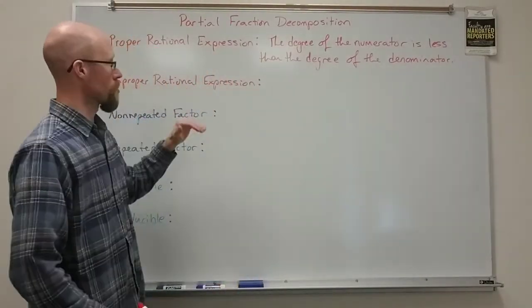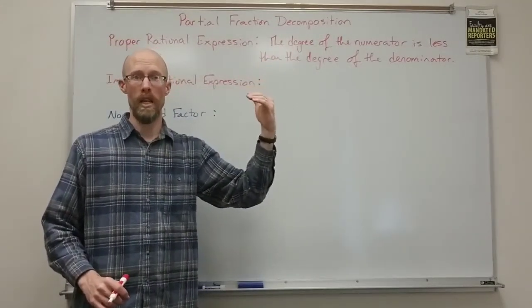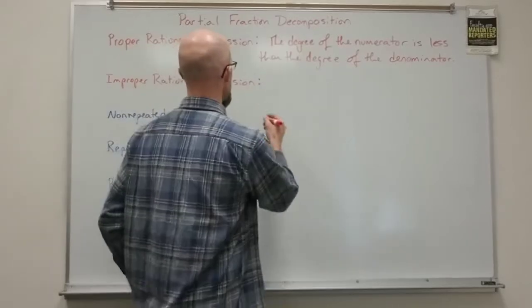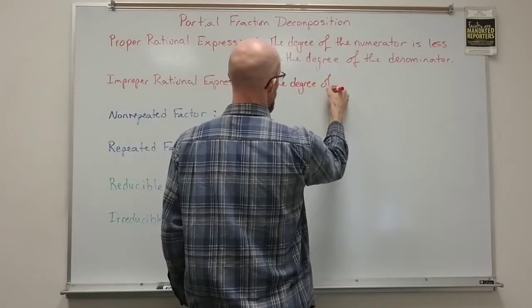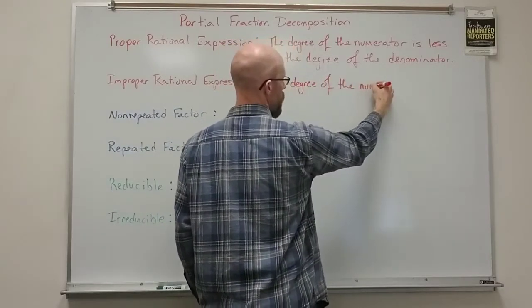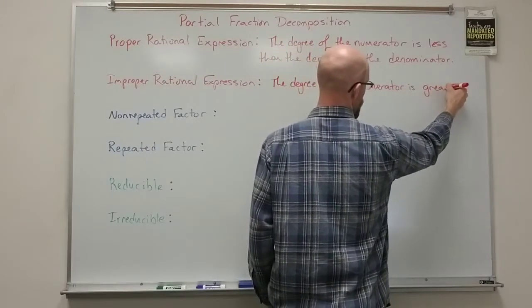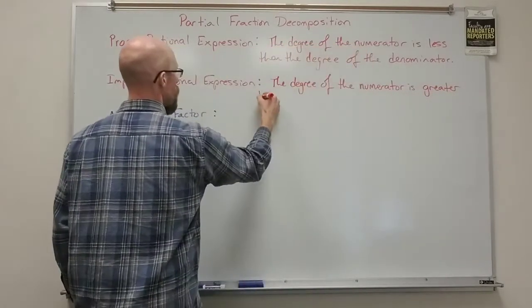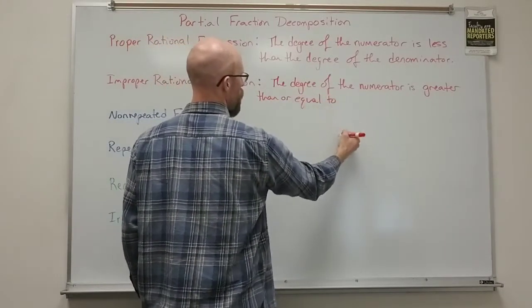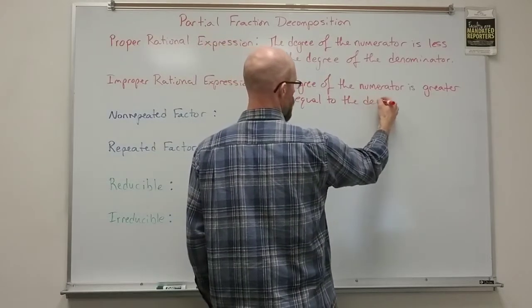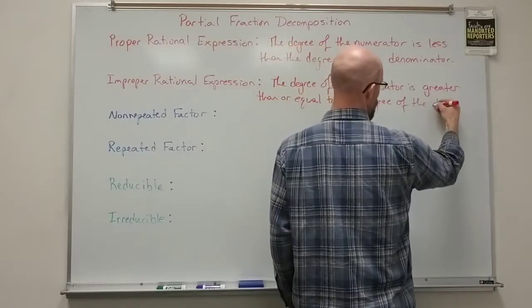An improper rational expression is one in which the degree of the numerator is greater than or equal to the degree of the denominator.